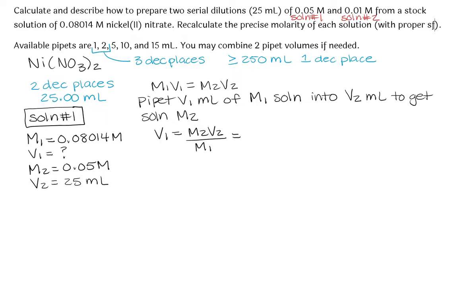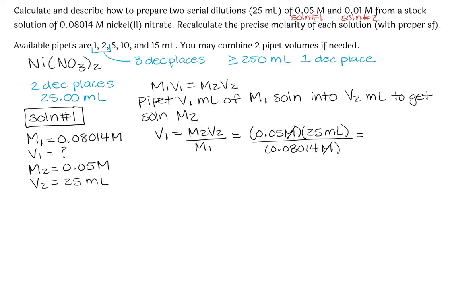Plugging in the values, M2 0.05 molar, V2 25 ml, divided by M1, which is 0.08014 molar. Cancel the units, so molarity will cancel.